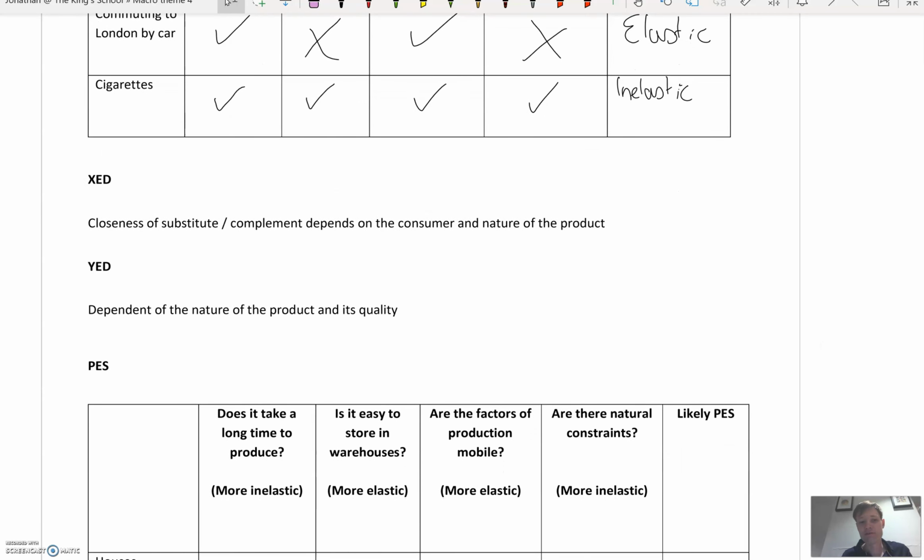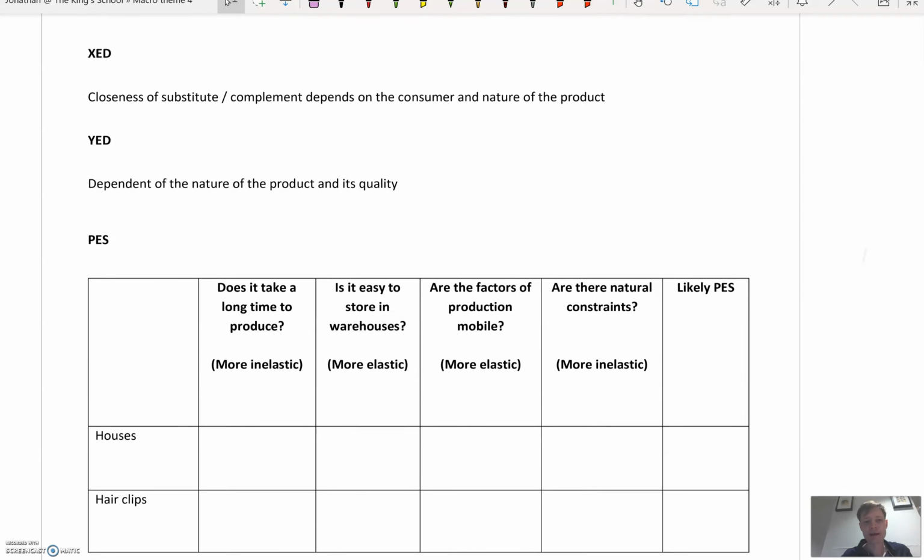The closeness of the substitute, you could give the example of, for example, PCs and laptops. Some people might think that a PC is the same thing as a laptop. If you're just sending an email, it is. However, if you are doing video editing or gaming, then maybe it's not. So you can argue it both ways.